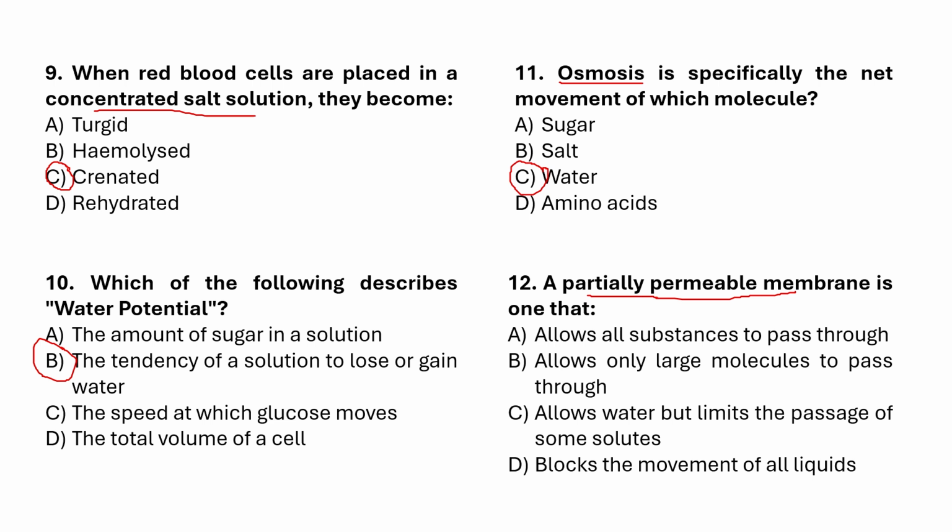The word partially clearly hints that it limits the passage of some solutes. So the answer is C. It allows water but limits the passage of some solutes. Here we have completed the MCQs session.